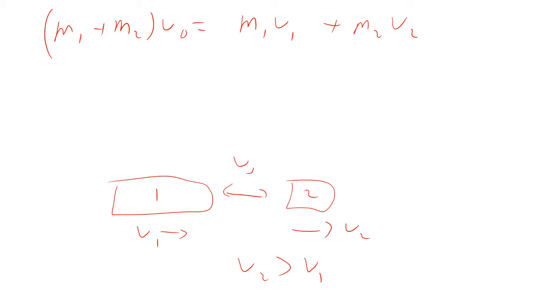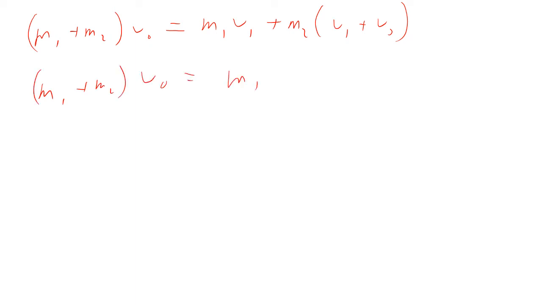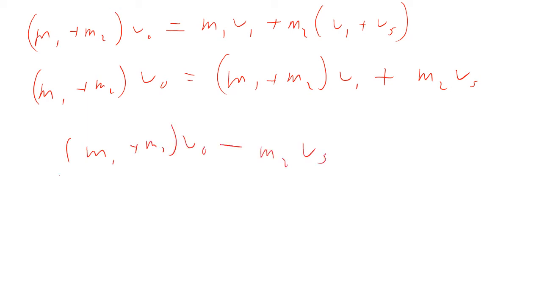We know the separation velocity is Vs, so V2 equals V1 plus Vs. Plugging that in: (M1 plus M2) V naught equals M1 V1 plus M2 (V1 plus Vs), which gives (M1 plus M2) V1 plus M2 Vs. So V1 equals ((M1 plus M2) V naught minus M2 Vs) divided by (M1 plus M2).